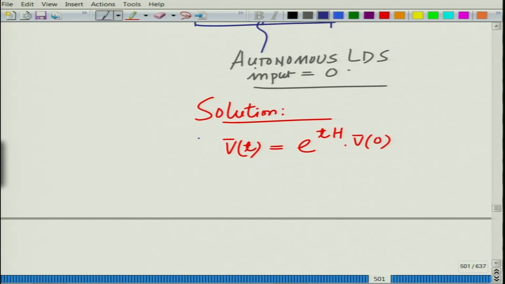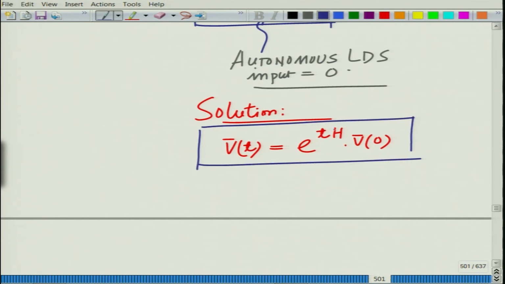The most interesting aspect of this solution is e raised to the power of tH. This is e raised to the power of a matrix, which we have not seen before. This is known as a matrix exponential.